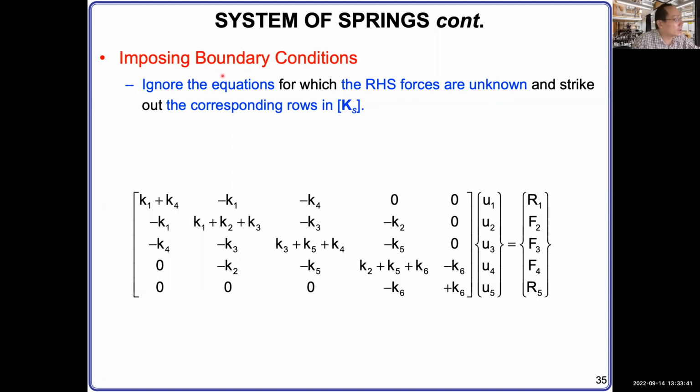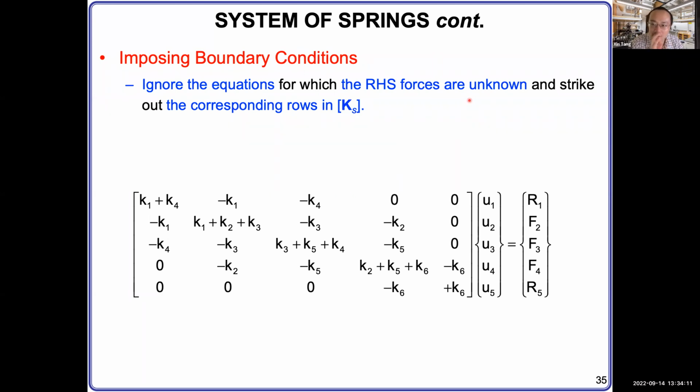The way to do it is we will ignore the equations for which the right-hand side forces are unknown. We will ignore those first. If their right-hand side forces are unknown, that means the left-hand side displacement is known, because, as we explained, force and displacement cannot both be given at the same time when you solve the problem. If they are given at the same time, they can cause trouble in the equation.